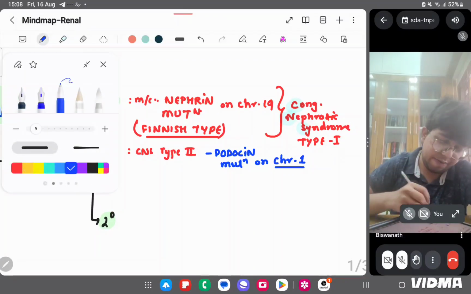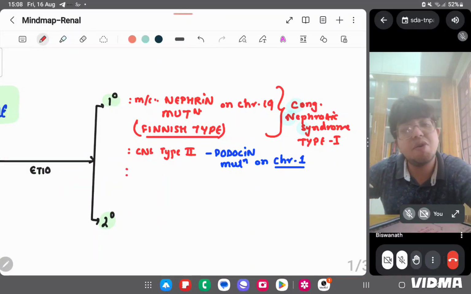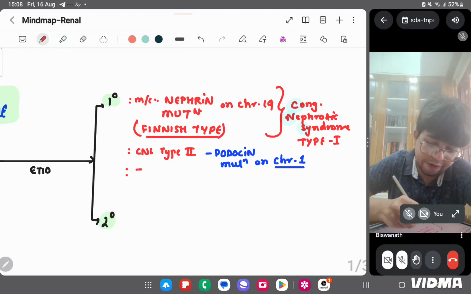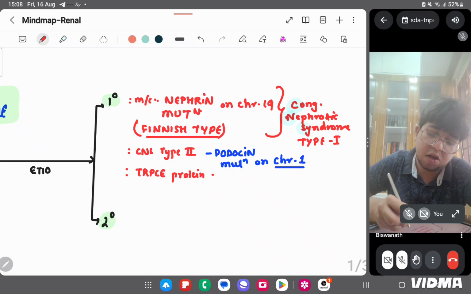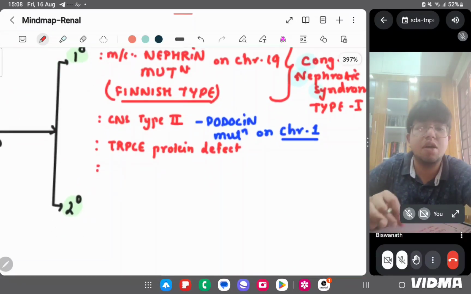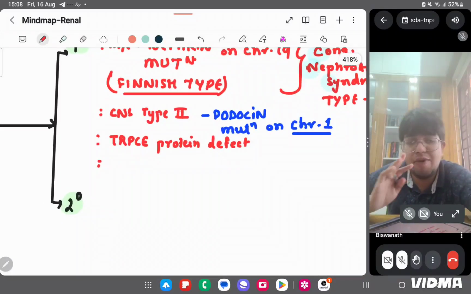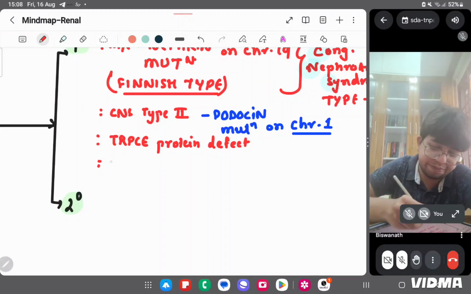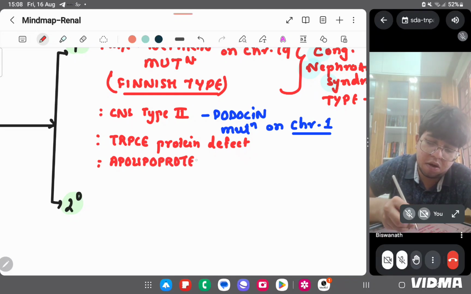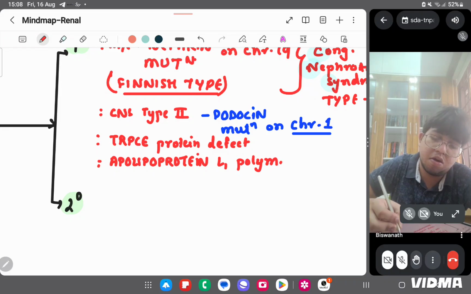It may be of TRPC6 protein defect, or it may be due to the apolipoprotein L1 polymorphism on chromosome 22.